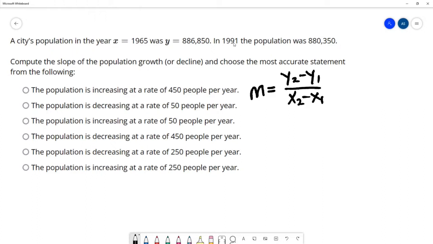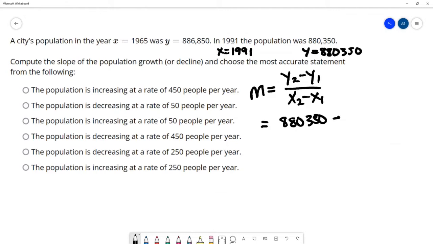And then in 1991, that will be our value of x, 1991, with a value of y of 880,350.